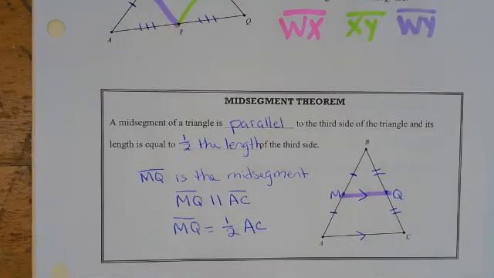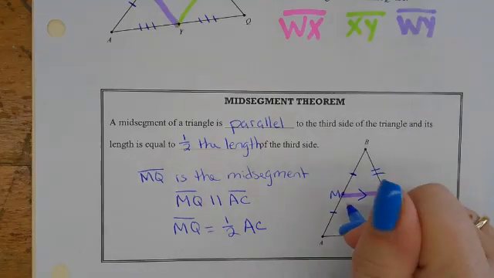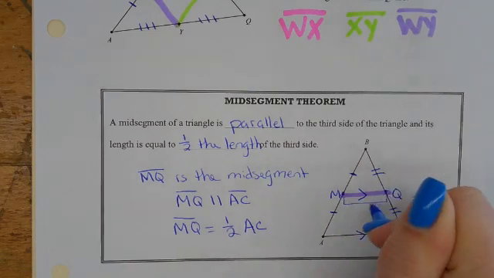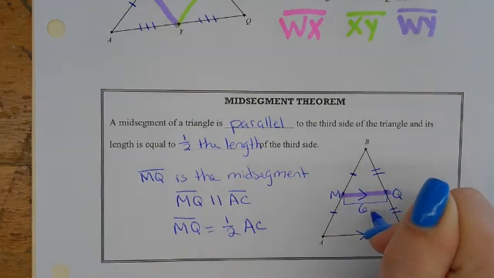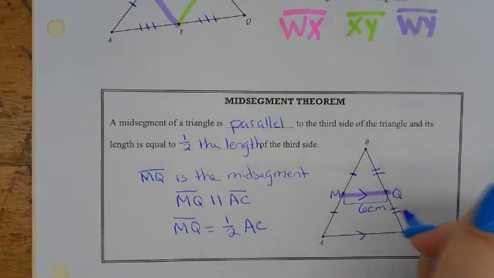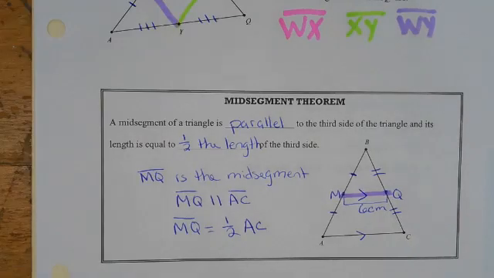Well, you may be thinking, well, how does that work? So what if I say that this here, MQ, is 6 centimeters? Well, if this is half of this, what is the total of AC?